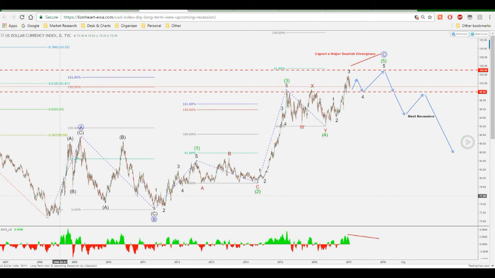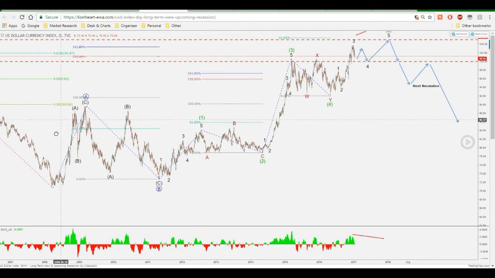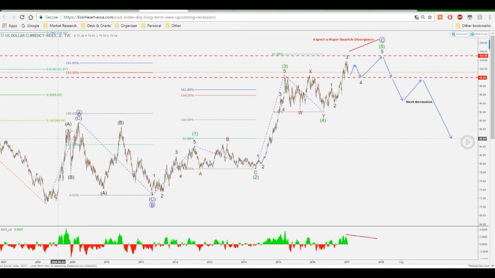If we have an extension in the third wave, this downfall is not looking like a fourth wave to me, considering the fact that it doesn't have enough room to be considered a fourth leg. So that's why, from experience, I'm going to tell you that looks like a B.